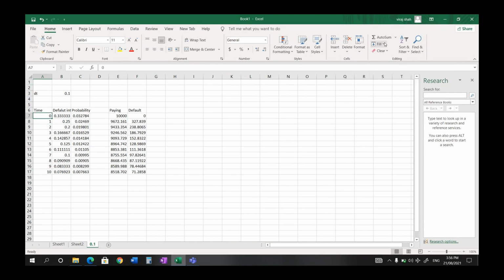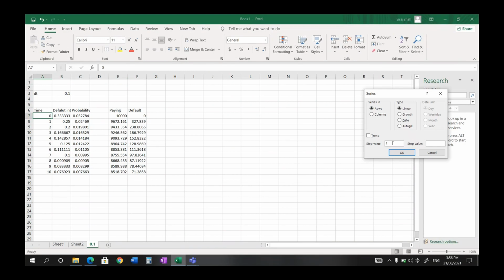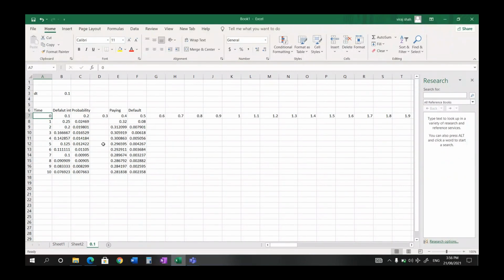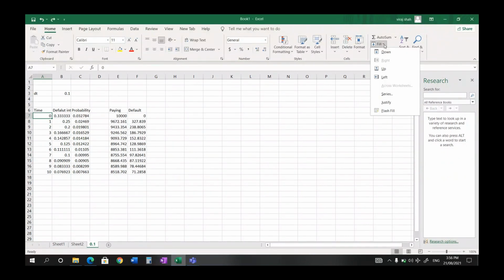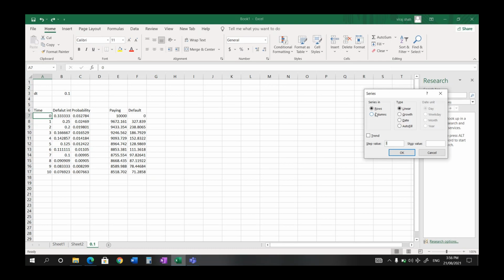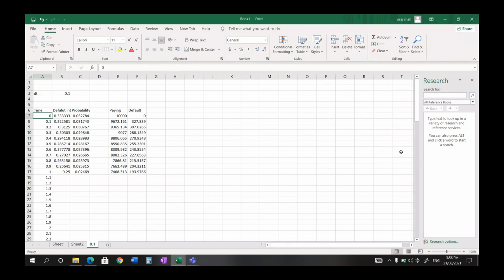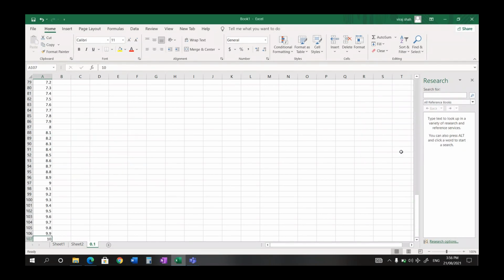Your step value would be 0.1 now and stop value would be the same, 10. Sorry, I had to make it column. Step value 0.1 and stop value 10. And I will just drag it down, all of it. Nothing else I will do.